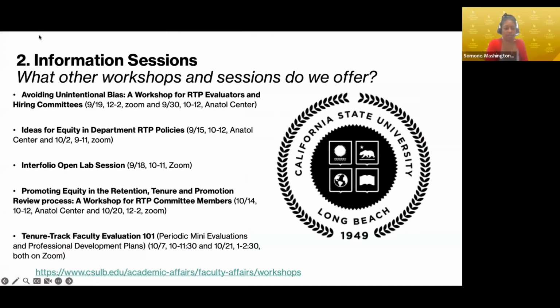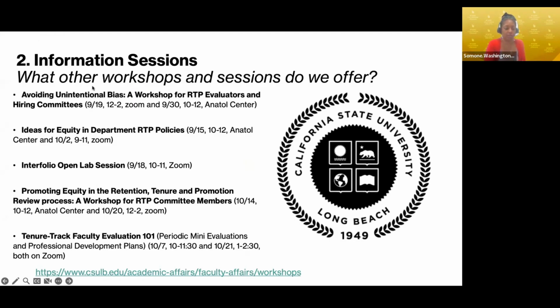So if I could just clarify really quickly, all of the RTP candidate files have that policy selection form. So having the form in the candidate packet doesn't automatically mean that each person has the option to choose. It's just a place to upload the policy that you will be reviewed under.